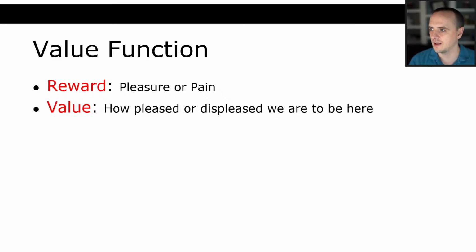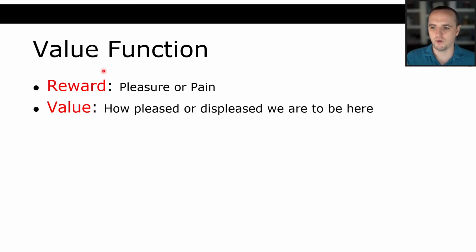So take an example like this. If you are falling a great distance, the reward of being in the state of falling might actually be positive. It's kind of fun to fall for a while. You might actually find that exhilarating. But eventually, you're going to stop falling and hit the ground.